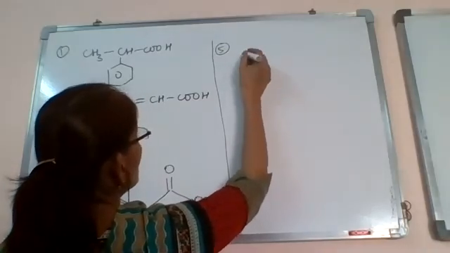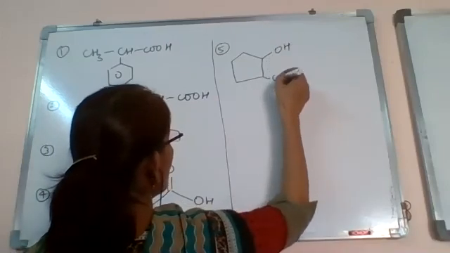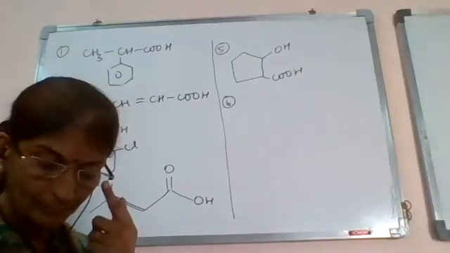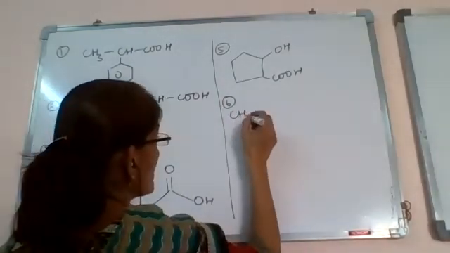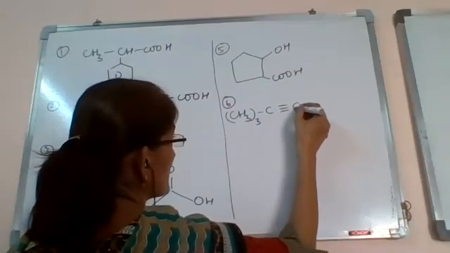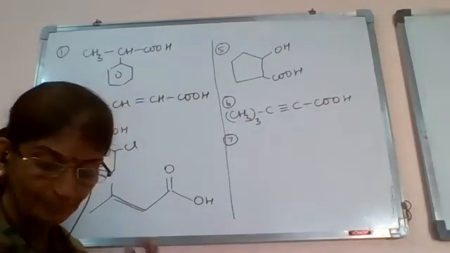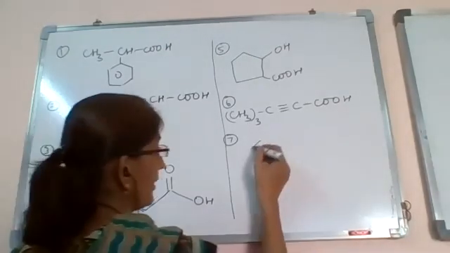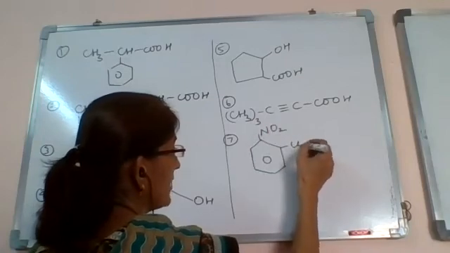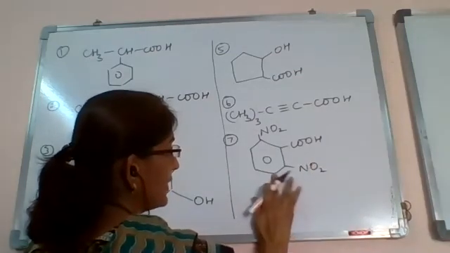Fifth is here OH, here COOH. Sixth is CH3 thrice, C, triple bond, C, COOH. Seventh is here NO2, COOH, here also NO2, and here also.